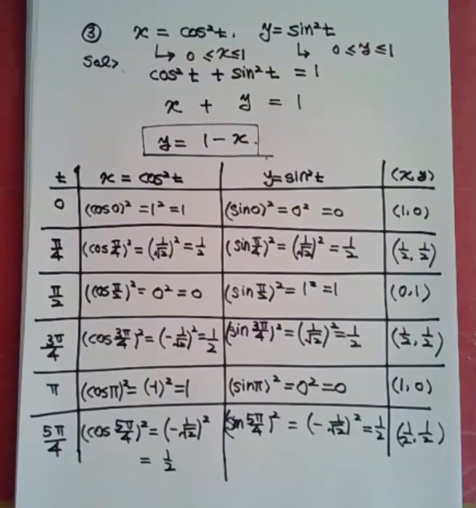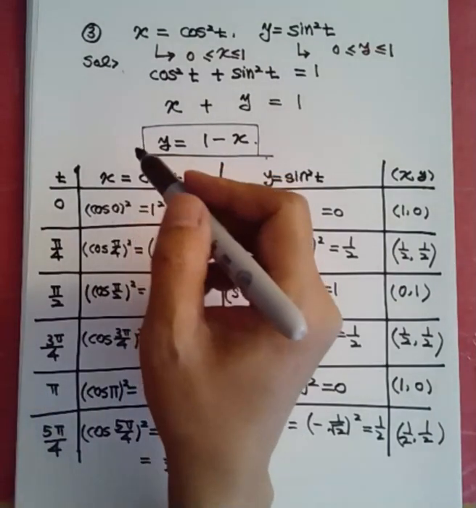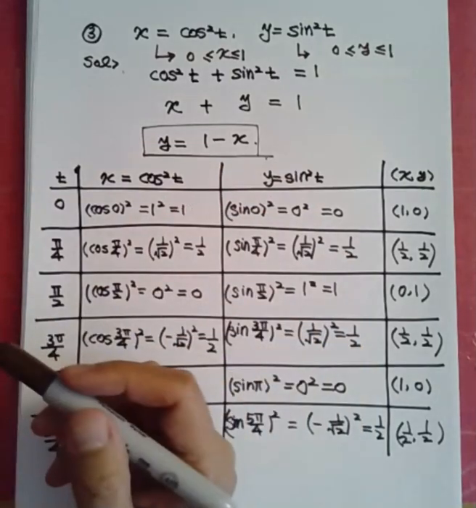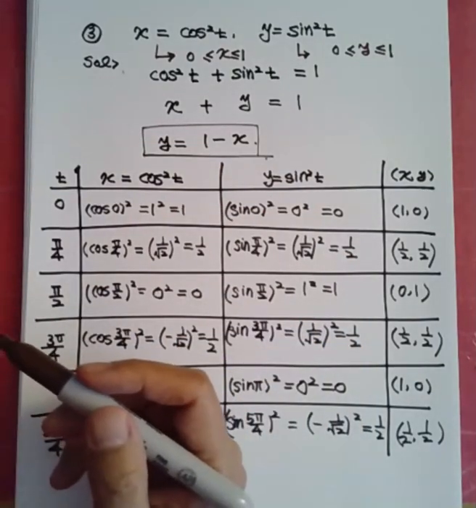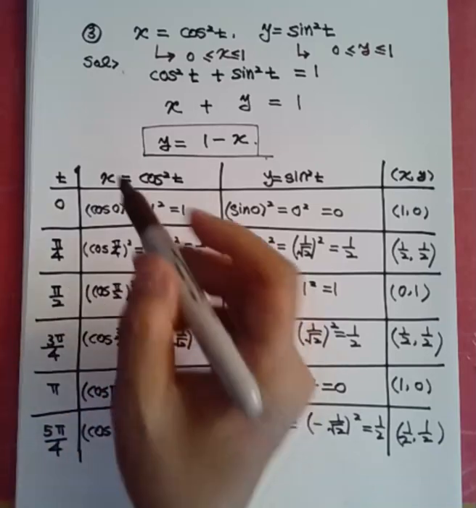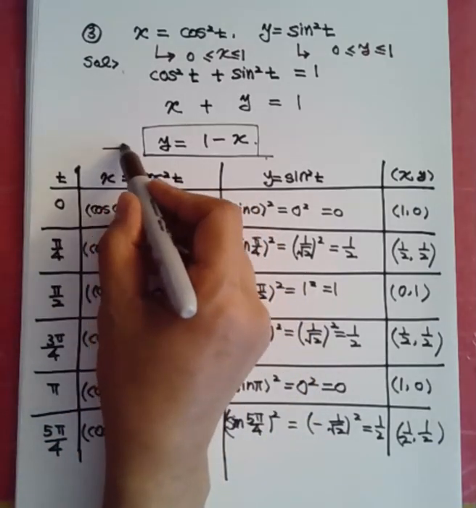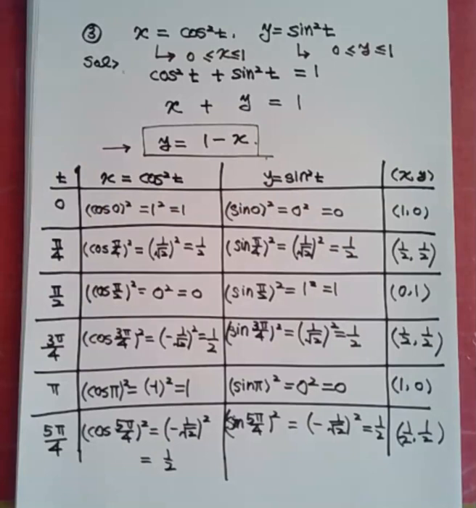That implies the graph of the parametric equation will be only a part of the graph of the straight line y equals 1 minus x.